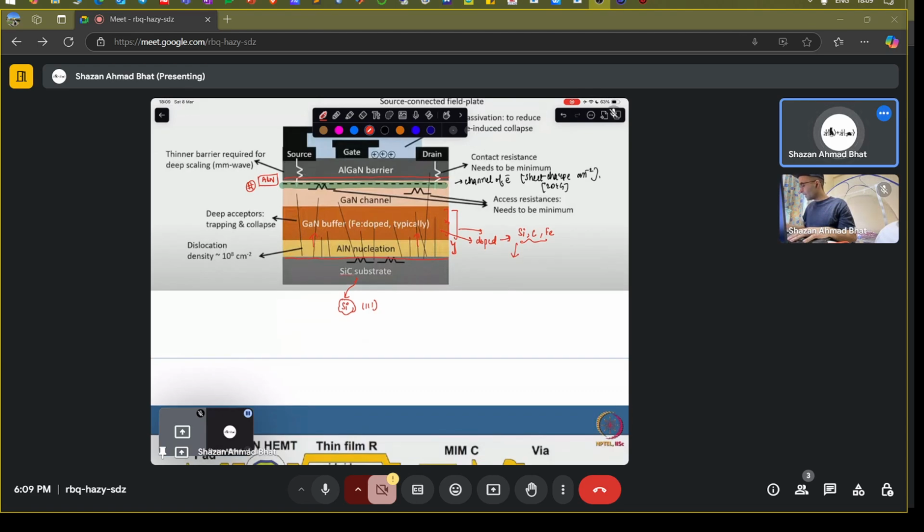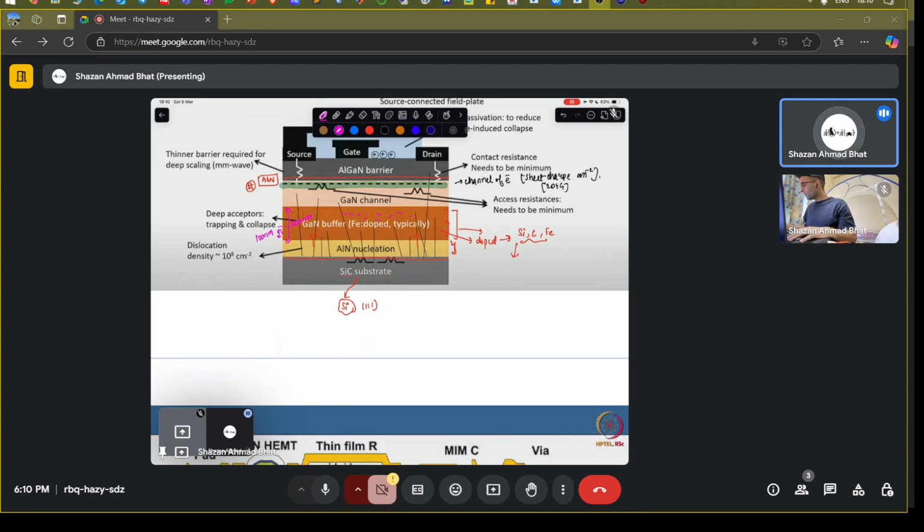If the overall GaN thickness is, let's say, 200 nanometers, up to almost 100 nanometers this layer is doped. It's doped in order to suck up the extra electrons present in the gallium nitride, because gallium nitride is unintentionally almost n-type, so there are electrons present in here.